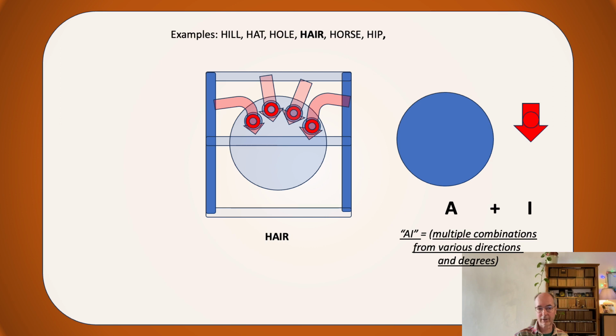The hair is actually pretty simple. We have the spatial reference with the A and I combination. The A is the physical object, the I is the insertion. The combination in the sound means that you have this kind of combination with a lot of variations and a lot of directions coming in as well, coming in at certain spaces.